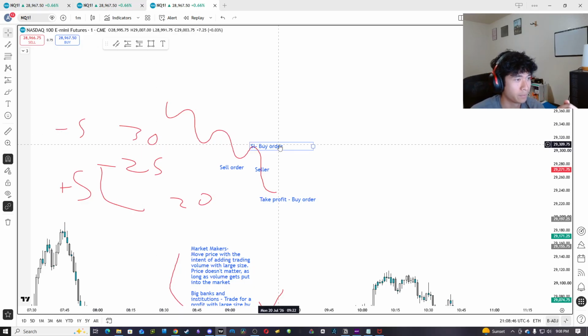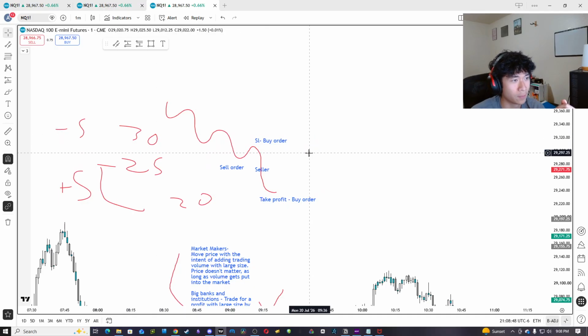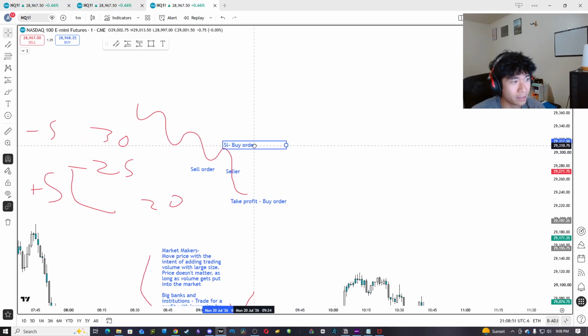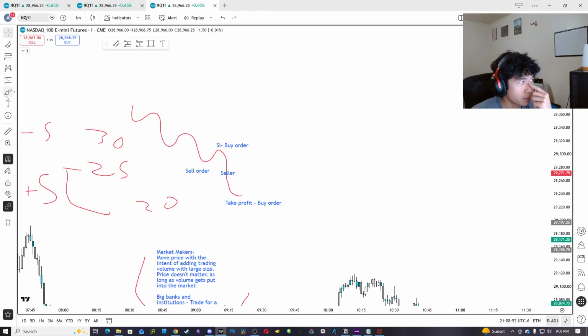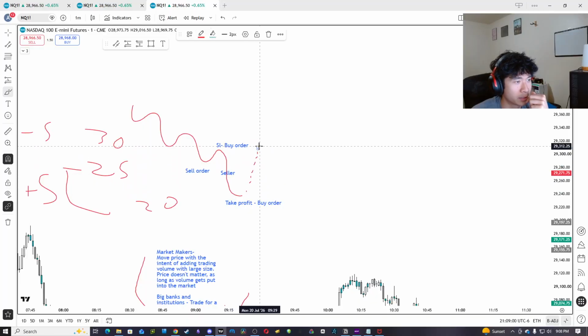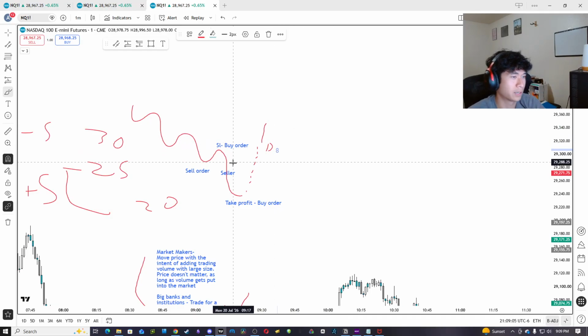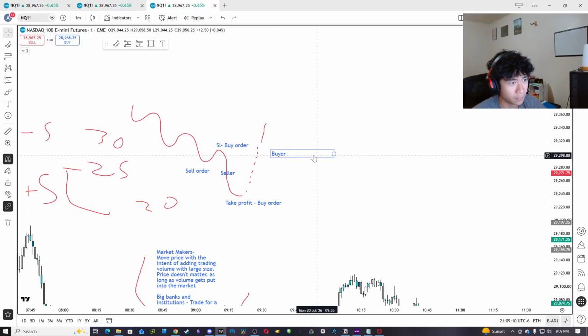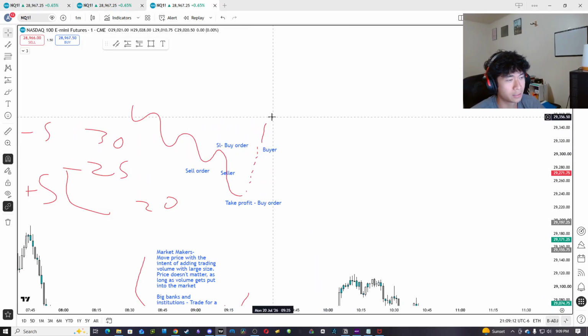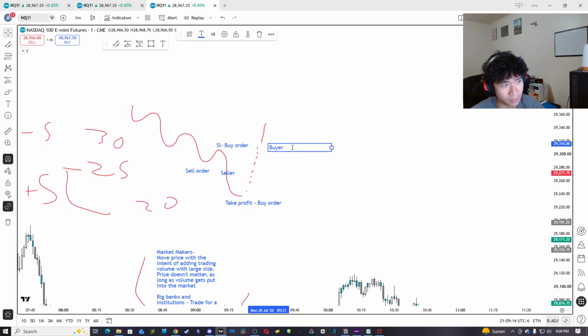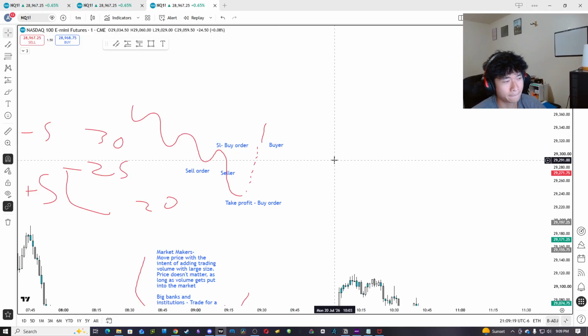Right? And this buy order right here, if you're buying right here, that is what causes price to continue going up. If you're a buyer right here, this is what causes price to continue going up, because if there are more buyers than sellers at this specific price point, price has to go up, right?